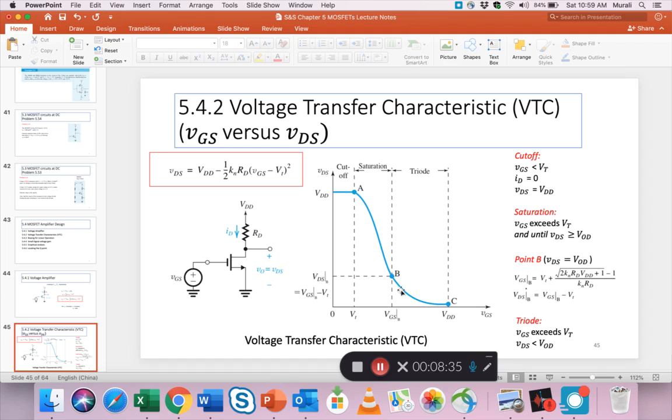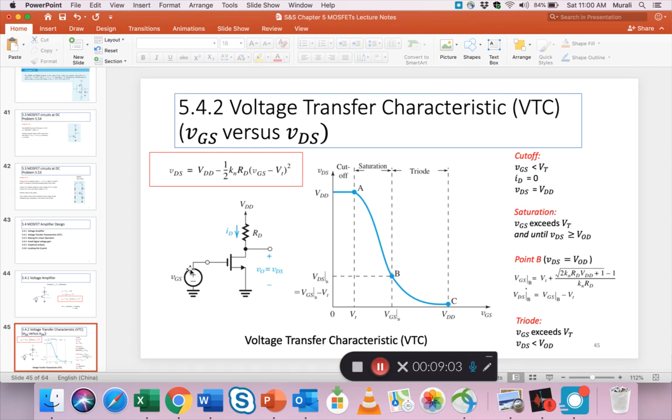This time we are coming from this side. VGS, as it increases, we know that VDS falls, or to put it another way, VDS is very low in the beginning, right? Actually, for this portion, 0 to VT, it's better to focus on the VGS, that is the gate bias.